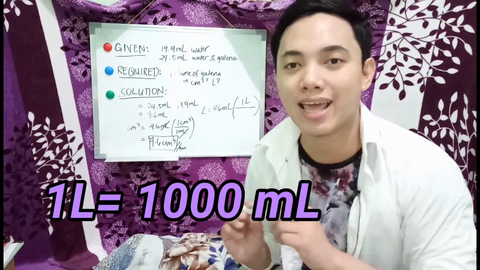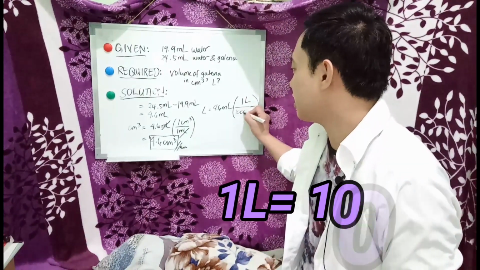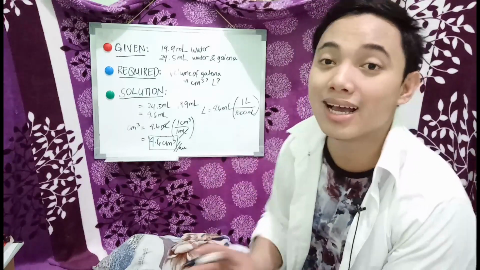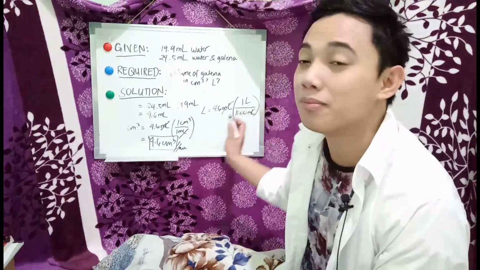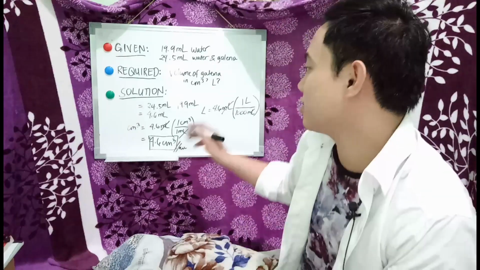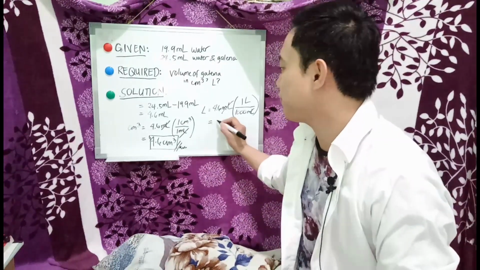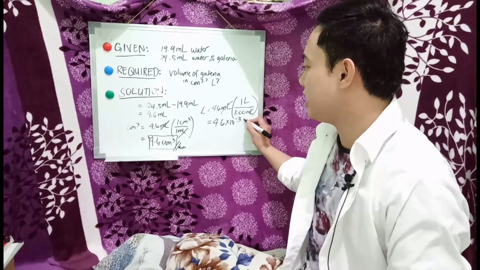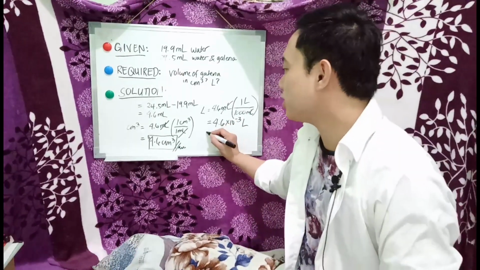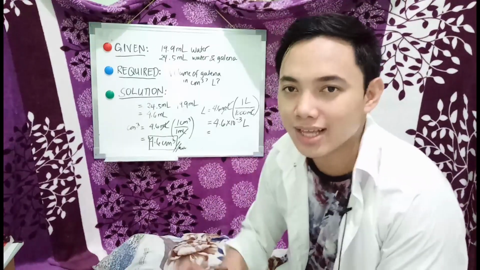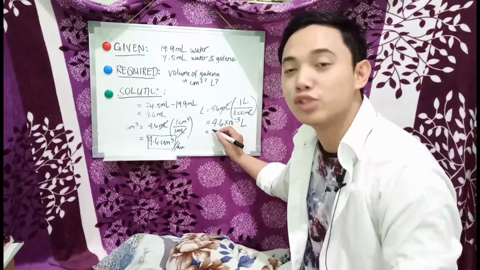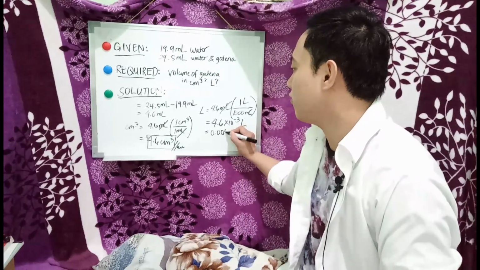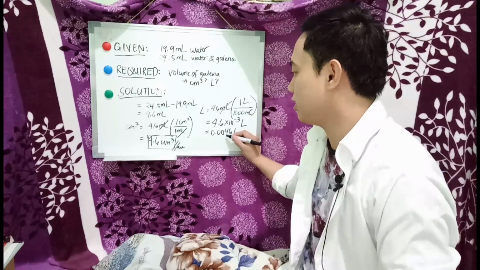So, 1,000 ml. So, yung ml na units, yung milliliter, makakancel out. So, matitira is liter. So, doing the calculation, the answer is 4.6 times 10 raised to the power of -3 liter. Kung i-convert mo siya into conventional notation, mag-move ka ng 3 decimal places, so 1, 2, 3, so magiging 0.0046 liter.